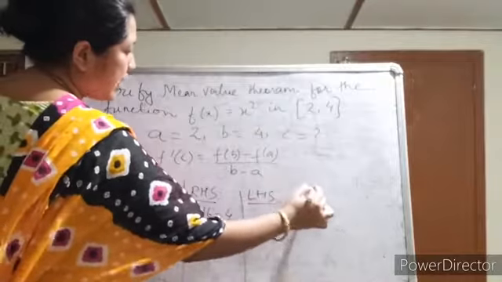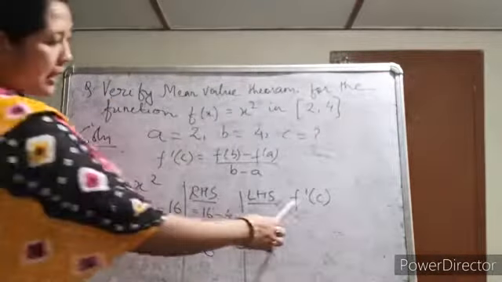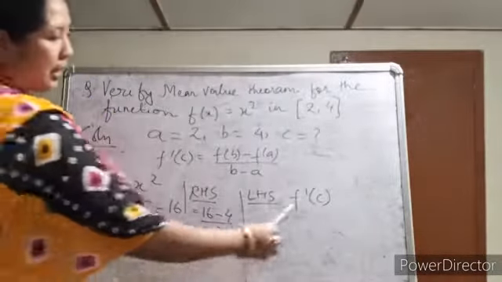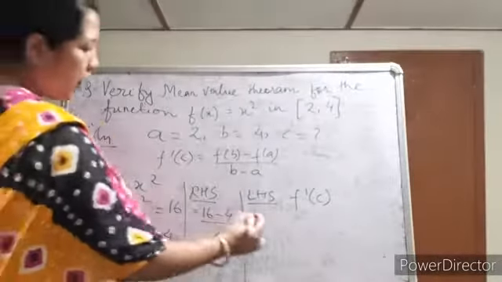Okay. Now next is your left hand side. The left hand side is f dash c. But as you can see, we cannot directly put f of c because it is given as f dash c. That means we have to first differentiate our function.